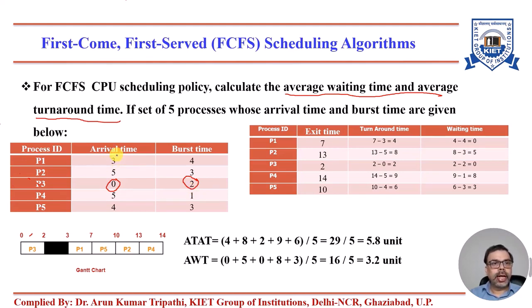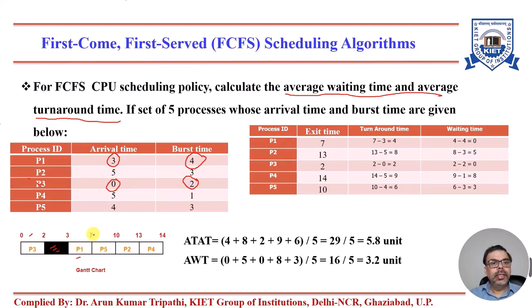The next process arrives at time 3. So the processor will sit idle for 1 unit of time. When the next process, P1, arrives, it requires a burst time of 4 units. So P1 will execute for 4 units of time.